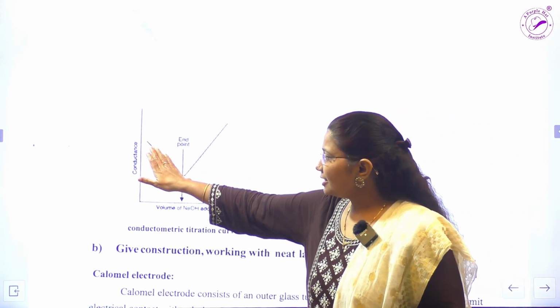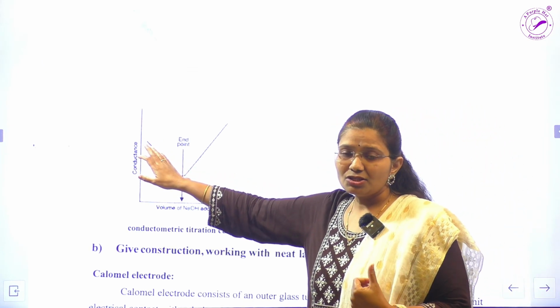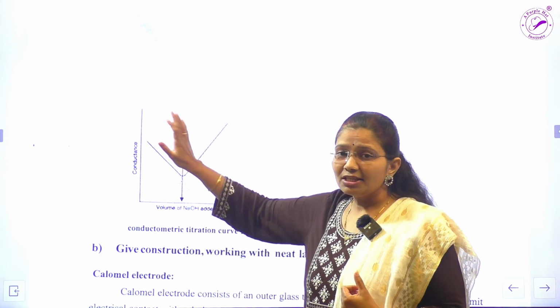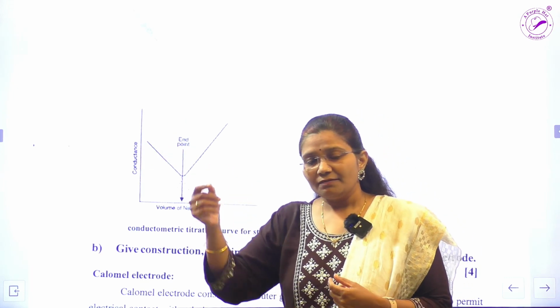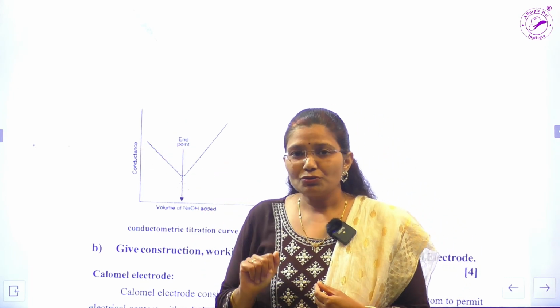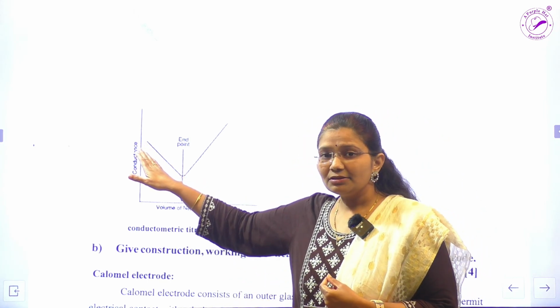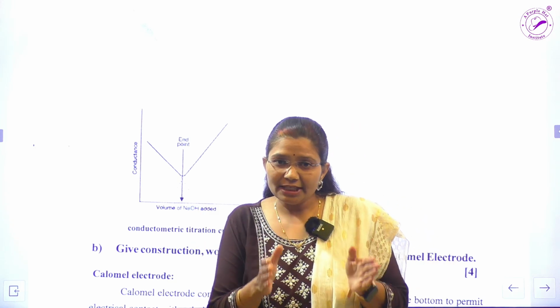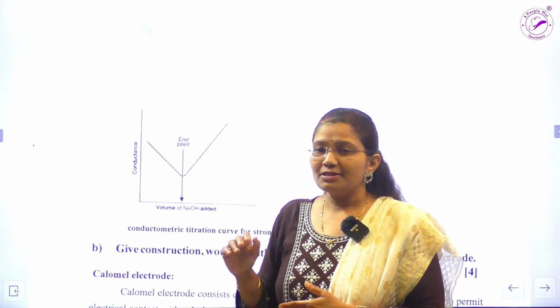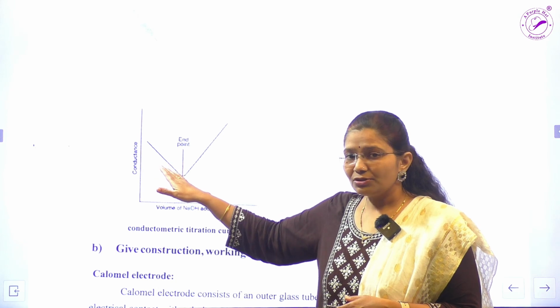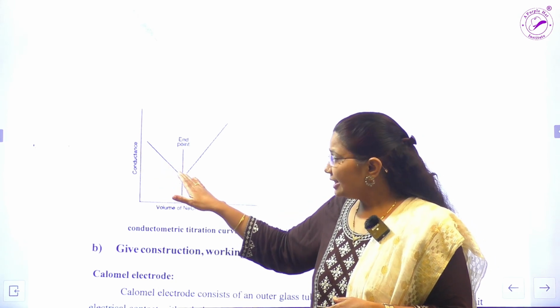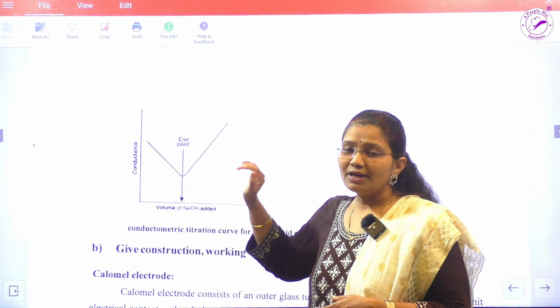At the starting, when we measure the conductance of the strong acid, the conductance is high. Then when we add NaOH solution to the HCl, because of the replacement of highly mobile H plus ions with Na plus ions, the conductance slowly decreases till the equivalence point.